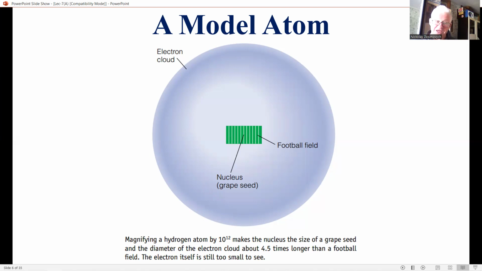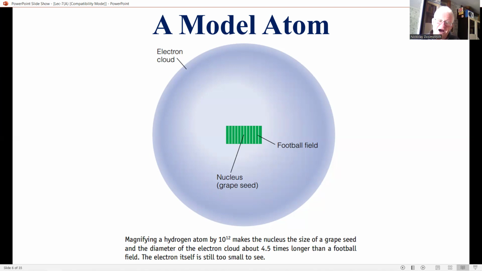If you multiply this by 1 trillion, 10 to the power 12, you can represent the nucleus of your model atom with something about 0.16 centimeters in diameter. A grape seed would do.